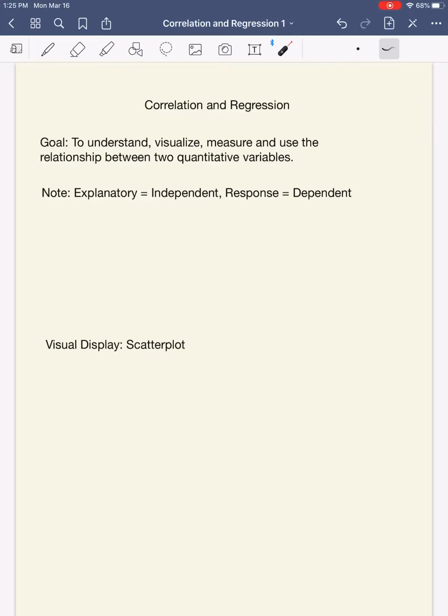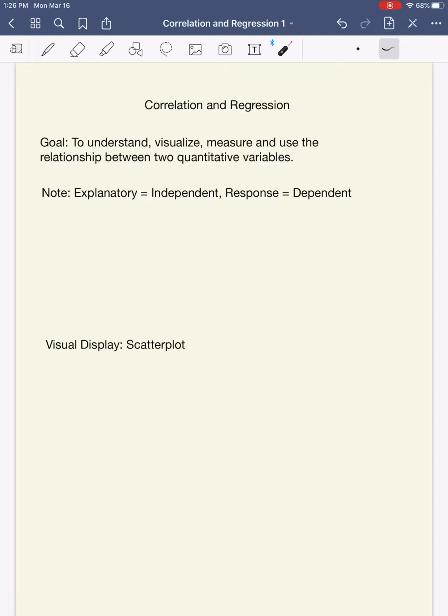So what you should take away from this is that everything we're going to be doing, at least for the next couple lectures, is going to focus on pairs of quantitative variables. And we'll develop some different visual displays for these quantitative variables. We'll see how to measure their relationship. And ultimately, if the variables are related, hopefully we'll learn how to use the relationship between those variables to do things like make predictions or to make decisions.